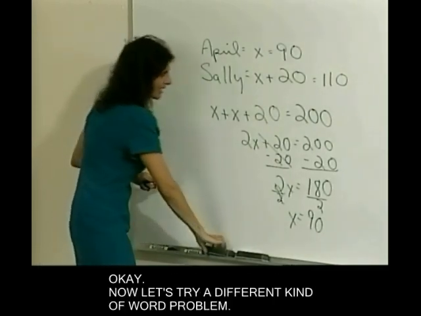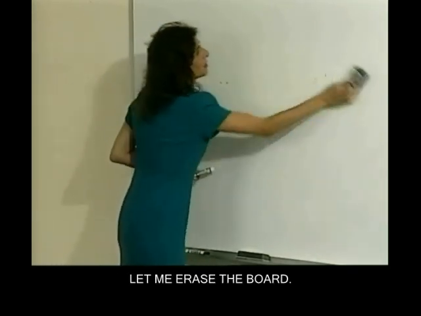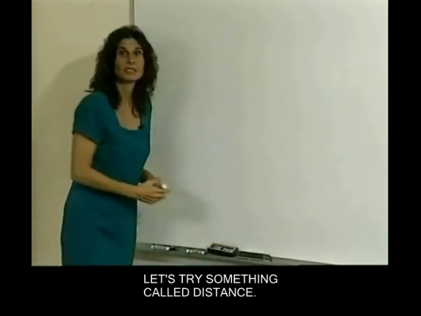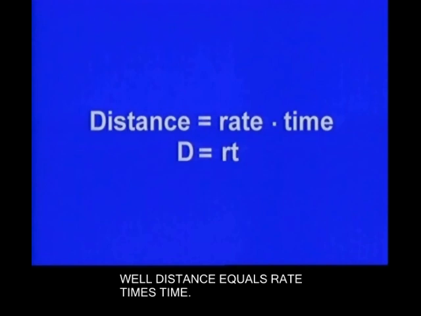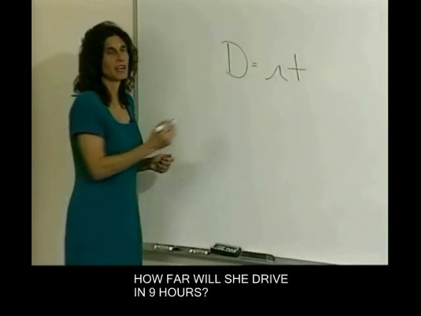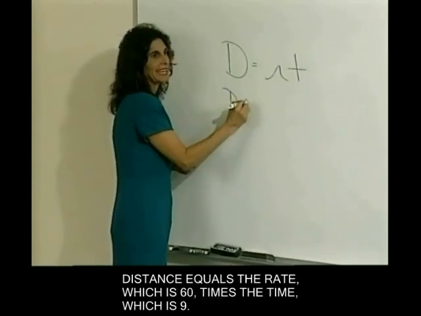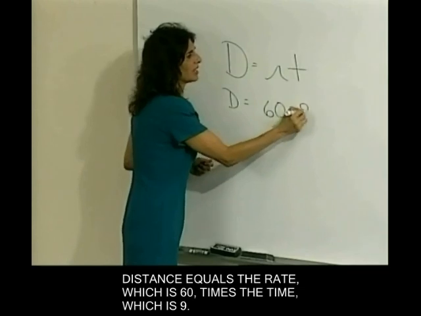Okay. Now, let's try a different kind of word problem. Let me erase the board. Let's try something called distance. Distance equals rate times time. Helen averages 60 miles per hour. How far will she drive in 9 hours? Distance equals the rate, which is 60, times the time, which is 9.